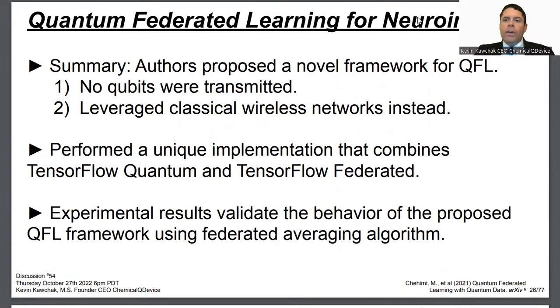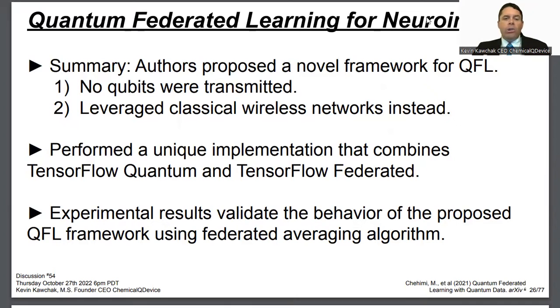And then basically with this paper, the authors proposed this novel framework. As I said, no qubits were transmitted. And it's interesting because you'll see in other countries, in our country, we're at like 100 kilometers terrestrially, transmitting qubits, sometimes both classical and quantum at the same time with Argonne National Lab and Fermilab.